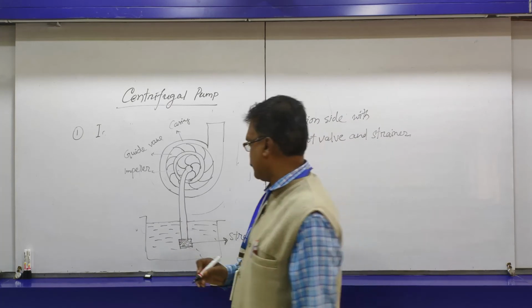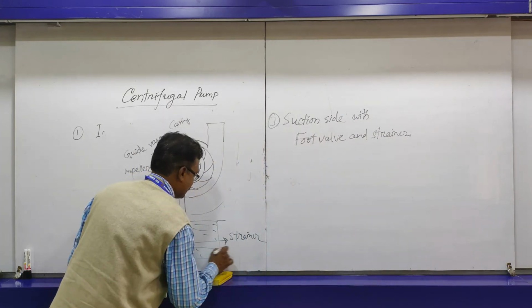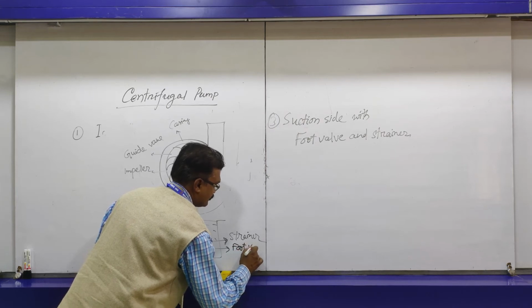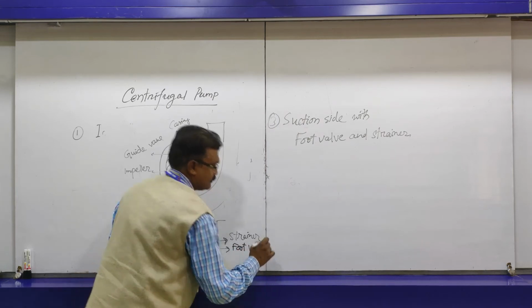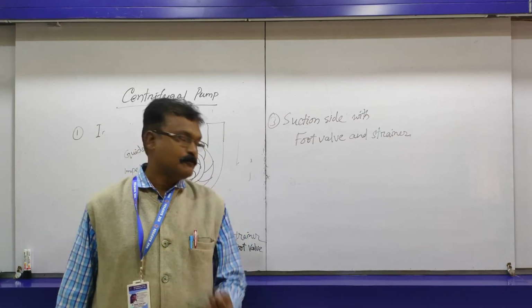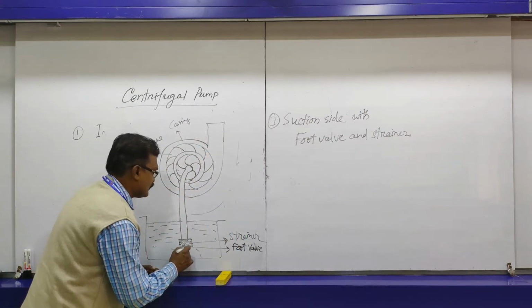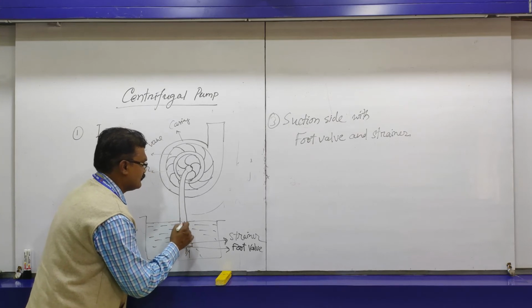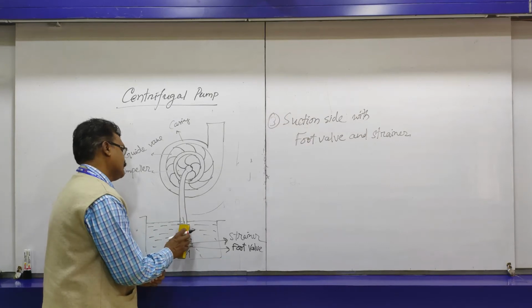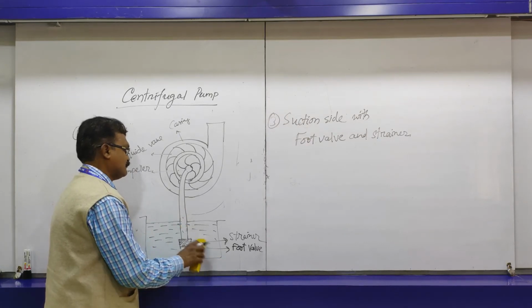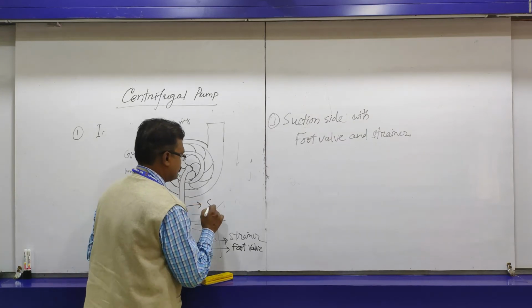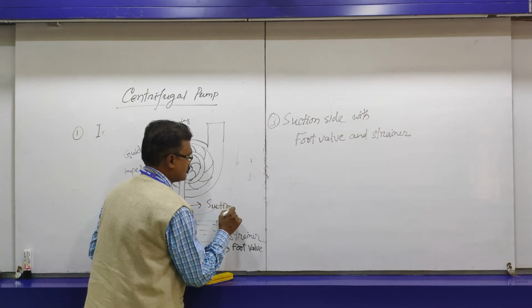Inside the strainer the foot valve is there. It is not football, it is a foot valve. It is a one-way valve. Water can enter at this side but should not go out from this; the reverse is restricted. This is the foot valve, and this one is known as the suction pipe.